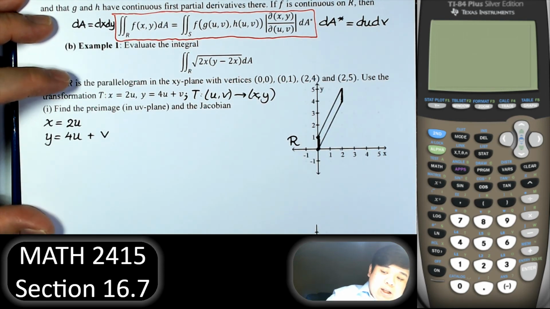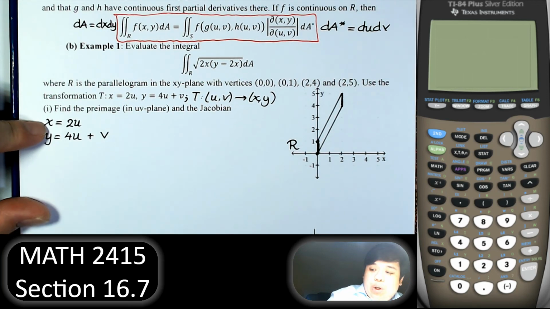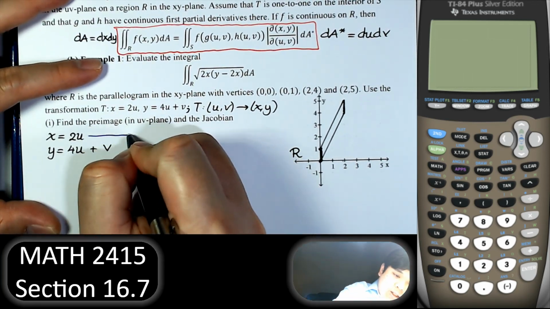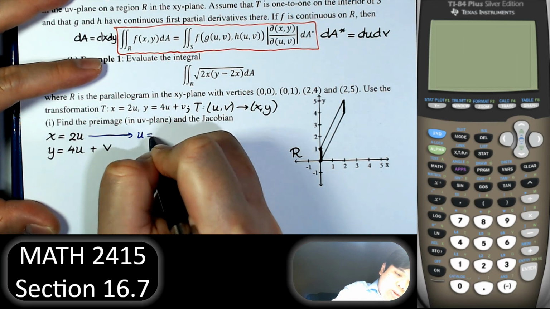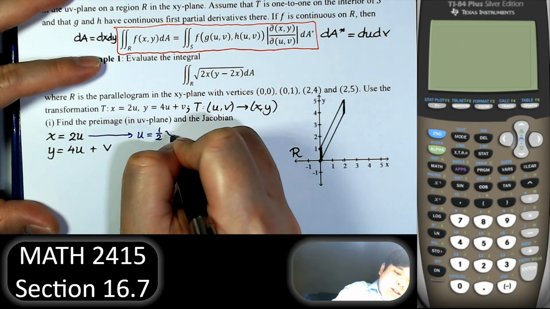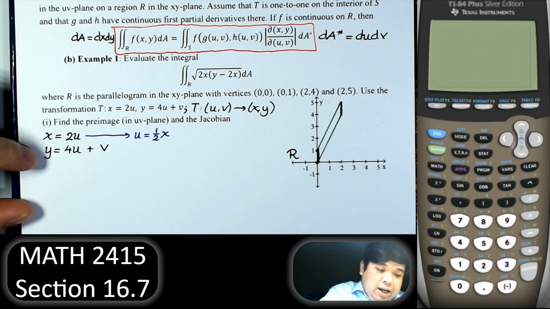If x equal to 2u, then we solve for it: u equal to 1 half x. And then we solve for y.